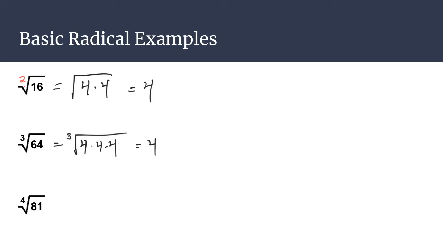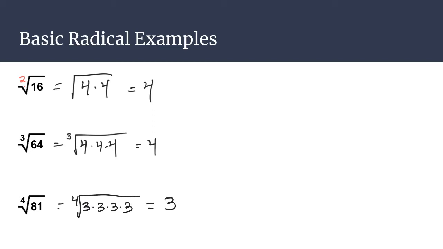And then for the final example, we have the 4th root of 81. So you have the 4th root there. So you're looking for what multiplies to 81 4 times, and that would be 3 times 3 times 3 times 3. So 3 times itself 4 times. Then when you do the 4th root, those all cancel out to be equal to 3.